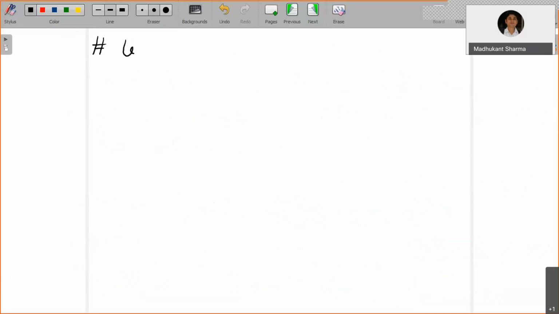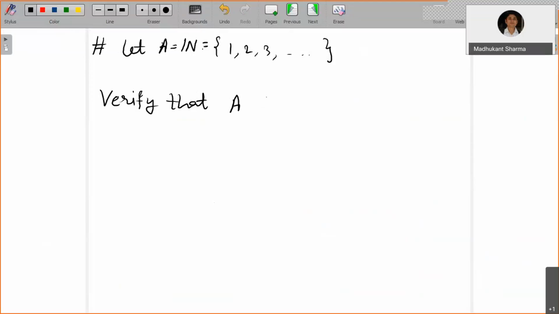Let A equal the set of natural numbers, which is nothing but 1, 2, 3, and so on. Then you can show that A does not have a cluster point.